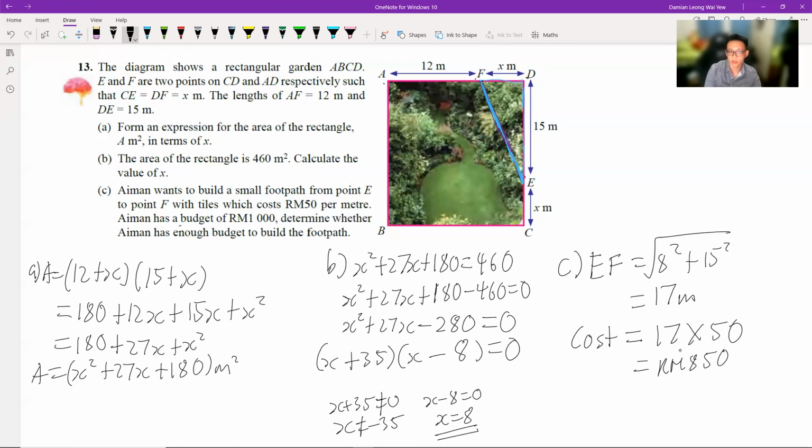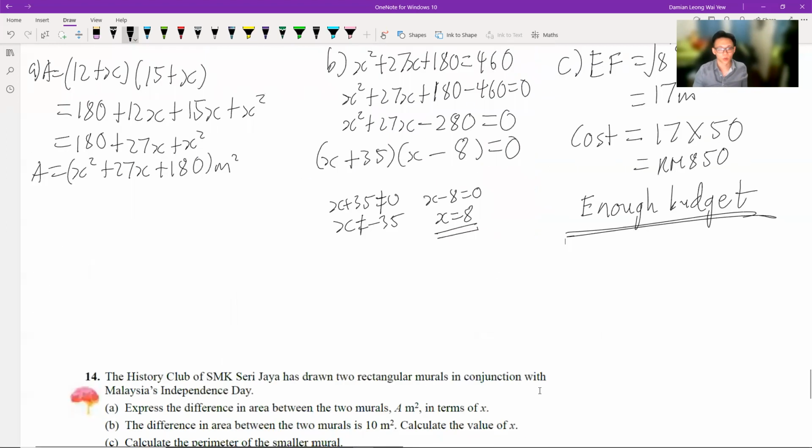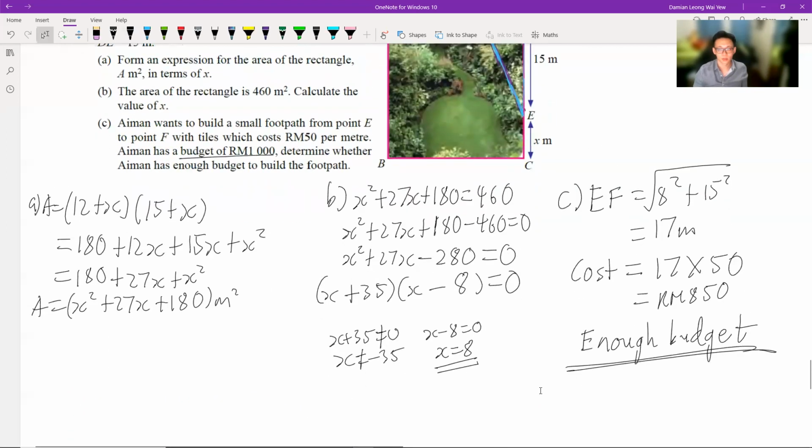His budget is 1,000. Yeah, means Aiman has enough budget. Right? That is for question 13.